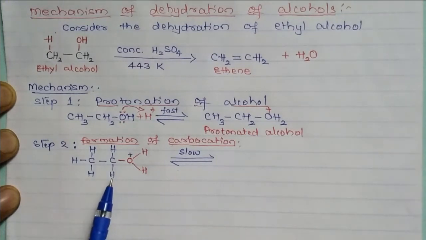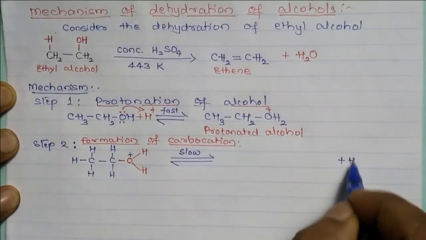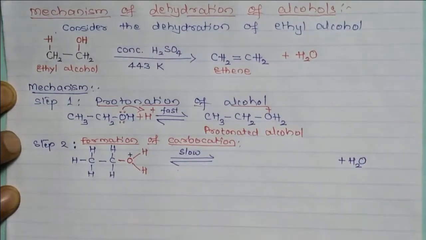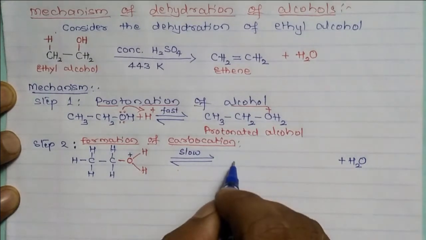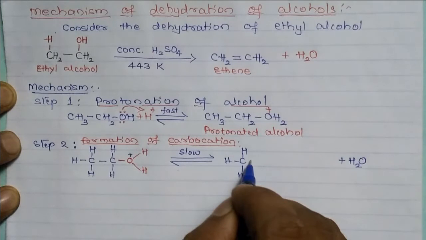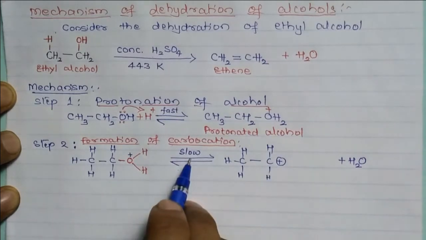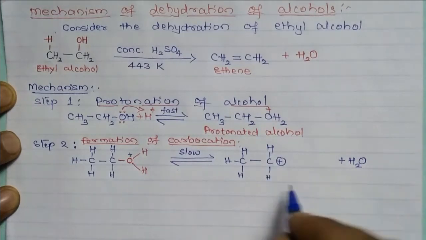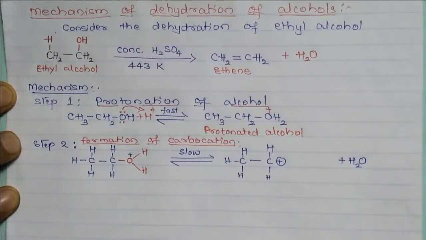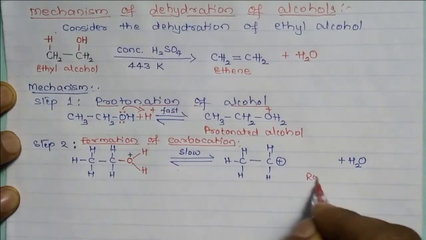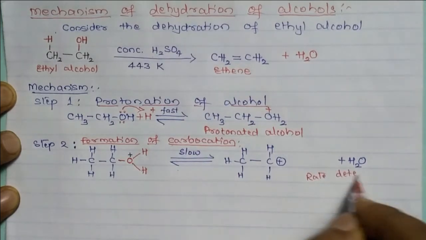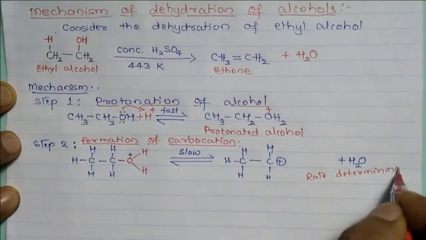The protonated alcohol, that is ethyl oxonium ion, loses a stable molecule of water, H2O, to form a stable carbocation, CH3 CH2+, and this is the slow step in the mechanism, that is the rate determining step.